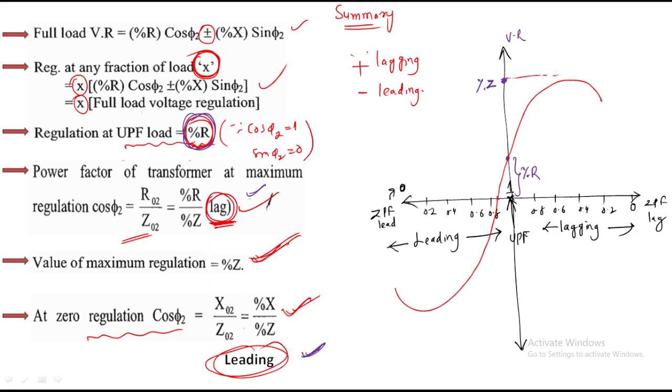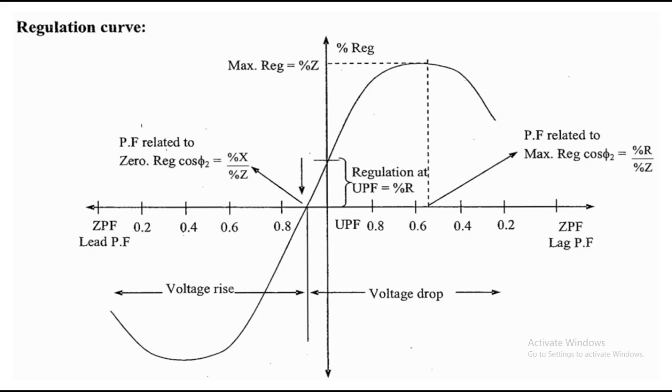The maximum voltage regulation is possible at this point, and the value is percentage Z. And the minimum voltage regulation is at leading power factor, that is 0. So this is the exact graph, and voltage rise is possible at leading power factor, and voltage drop is possible at lagging power factor.